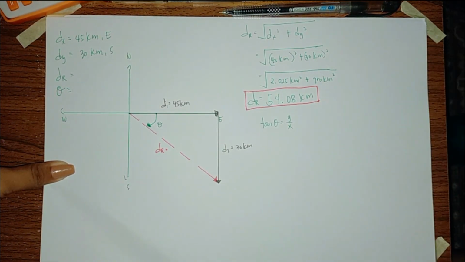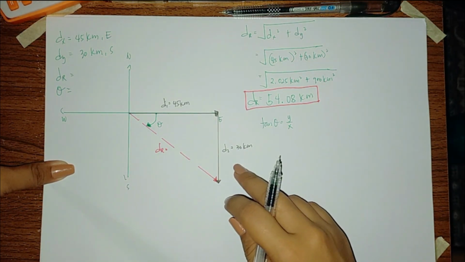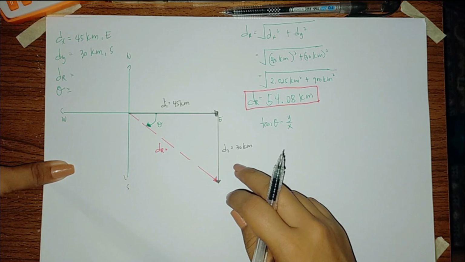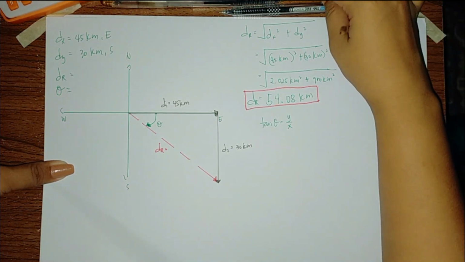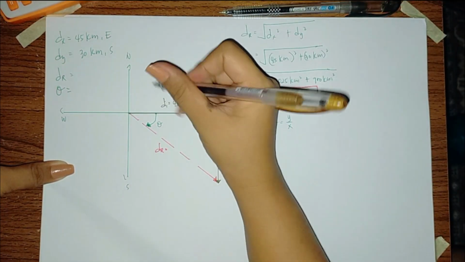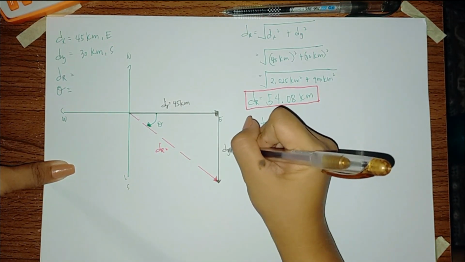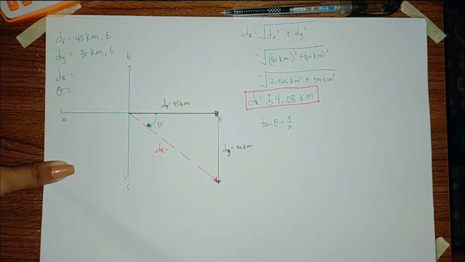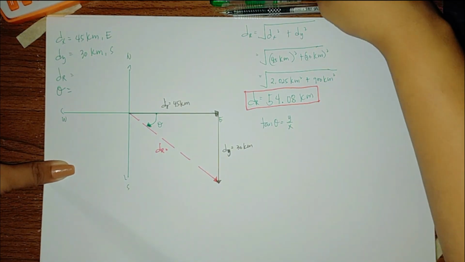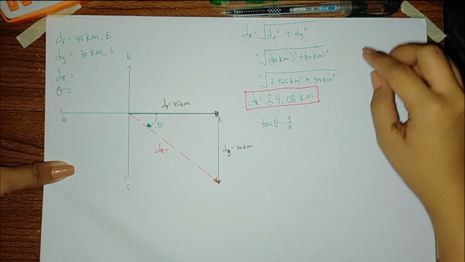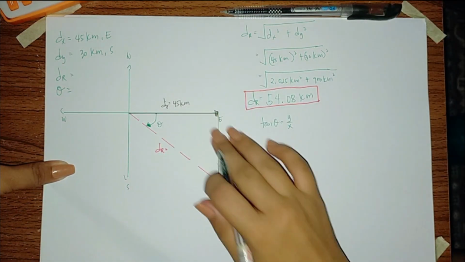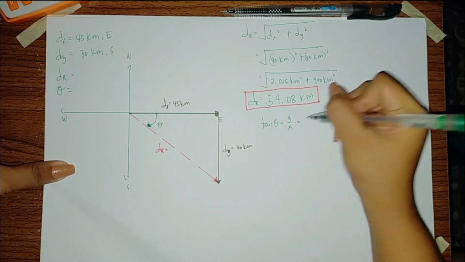Okay, so there. Now, where is y, where is x? I'm sorry. This should be d sub y and d sub x. My mistake. Okay, so there it is. Now, where are our values, which is for x and which is for y?